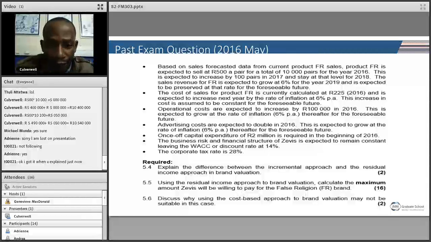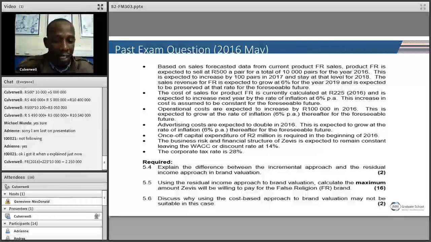It says, the cost of sales for product FR is currently calculated at 225 rands in 2016. So in 2016, I'm not going to do anything. I'm going to say for FR, 225 times. Remember, we're anticipating to sell 10,000 units in 2016, times 10,000. It will give you 2,250,000.